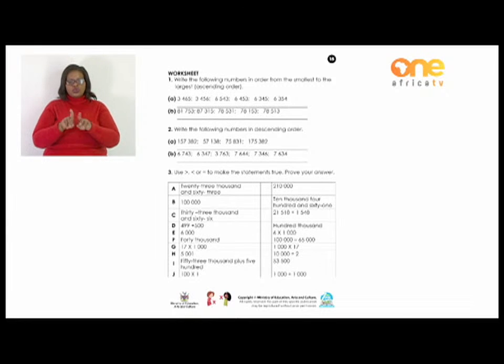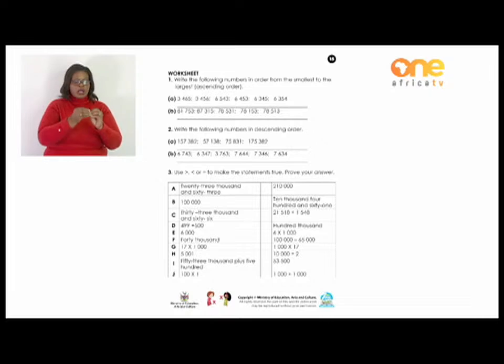Number 2, you need to write the following numbers in descending order. So you are going to arrange numbers from the biggest to the smallest under A and under B. We go to the third question, where you need to use the 3 signs to make the statements true or to prove your answer. So from A until J, you see that one number is written in numeric, the other one is written in words. The best way to compare these numbers is to write the number written in words in numeric.